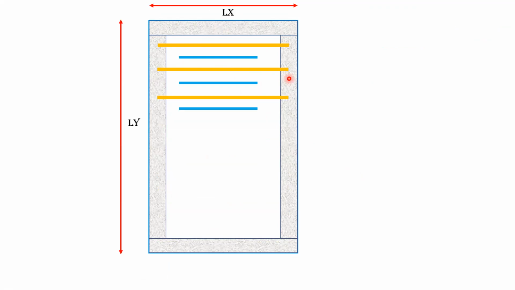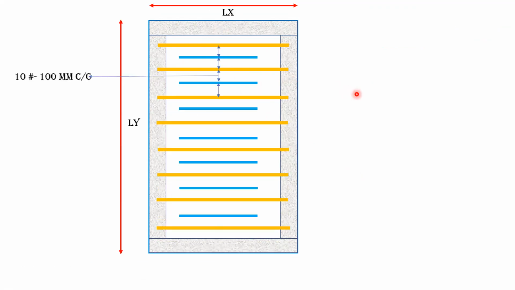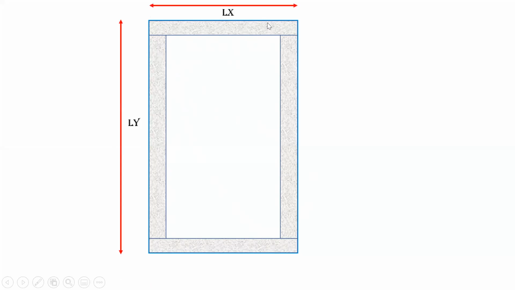We'll try to understand this starting from fresh. Let us consider this as a slab. By looking at this slab, it's understood that again it is a one-way slab, because it is supported on all four edges, and this is my LY direction and this is my LX direction.